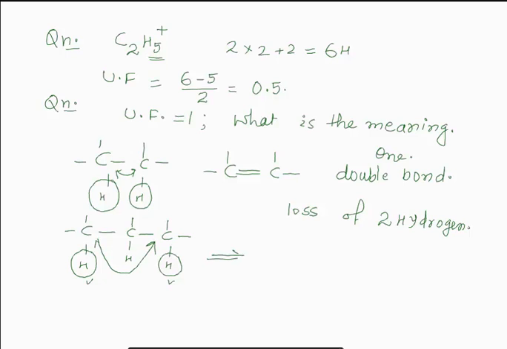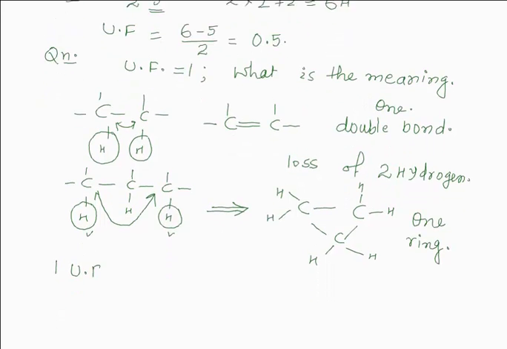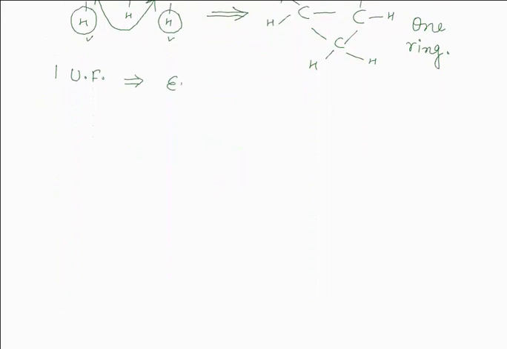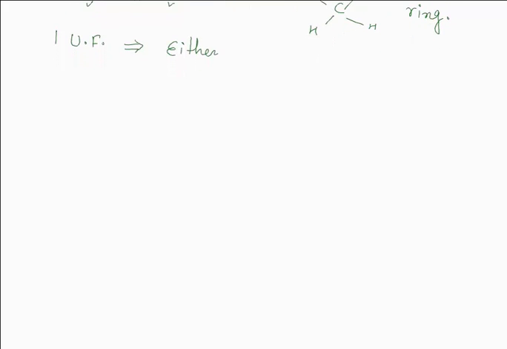If I connect these 2 carbon, we will have a 3-membered ring, this is a cyclopropane ring. So there are two possible answers. If I have one unsaturation factor, this can be either a double bond, or possibly a ring.